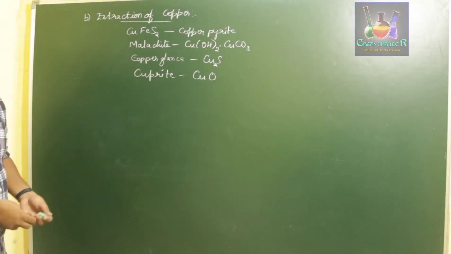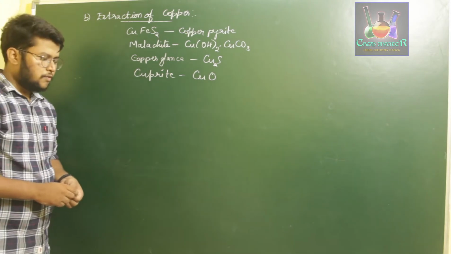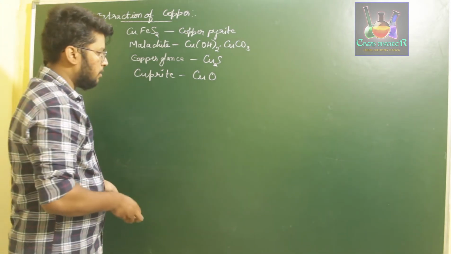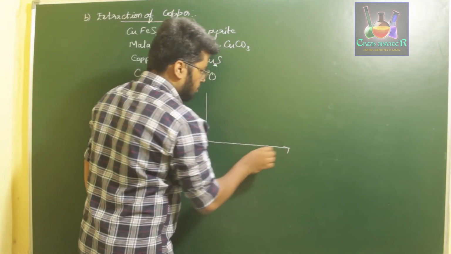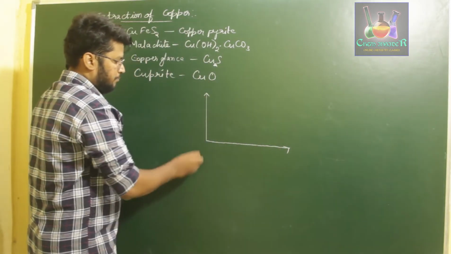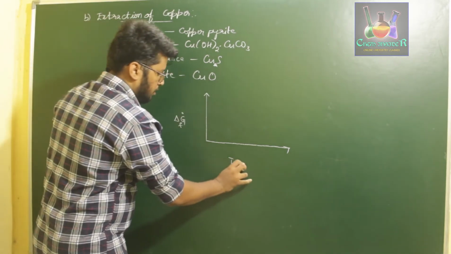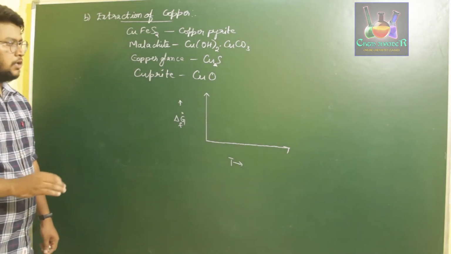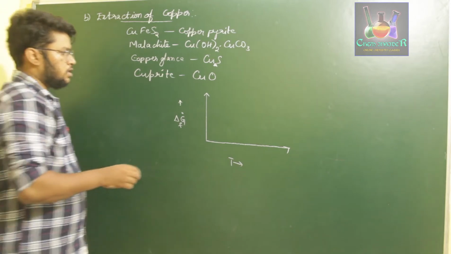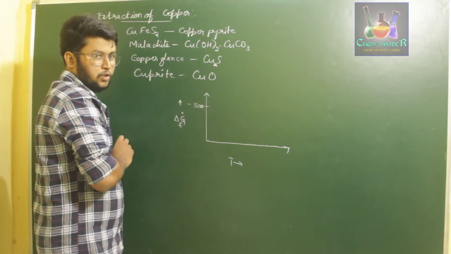Okay, so now we'll start with the thermodynamic feasibility of the extraction of copper. If you observe our Ellingham diagram, with delta G of formation on the y-axis and temperature along the x-axis, we observe that copper was present above all others, at around minus 300 kilojoules per mole.